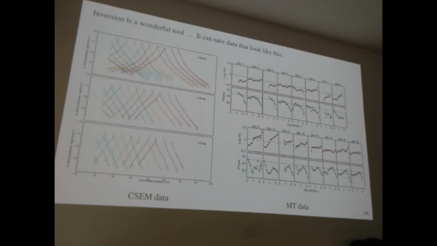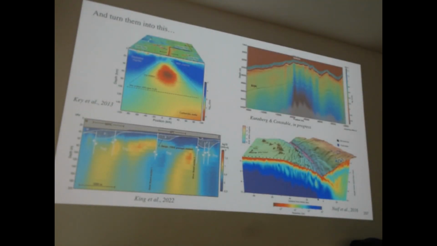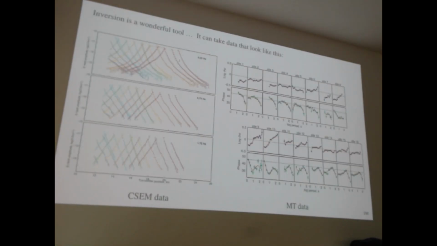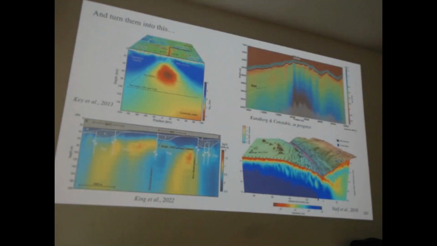These are magnetotelluric resistivities and phases. These are controlled source electric field amplitude. We can take that and turn them into pictures like this. These are the pictures I showed you already, where we're getting quite a lot of detail of the geology from the data. You know, the data looks like that. So it's magic.